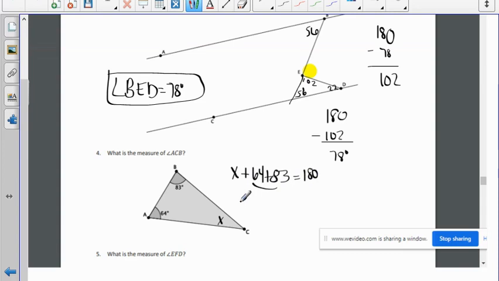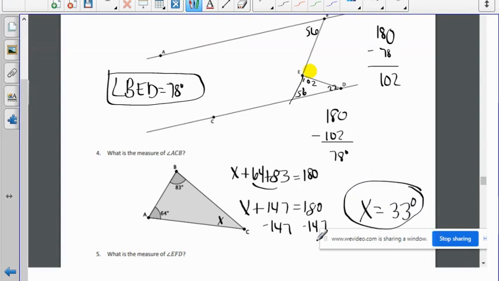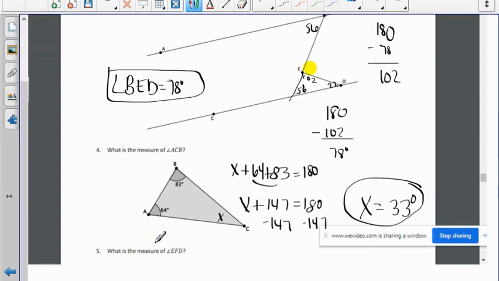This is like what we did the other day. 64 plus 83 is 147. My last step in solving this is I'm going to subtract 147 from both sides. And I would get that X is equal to 33 degrees. And that's how you do the rest of them on here.